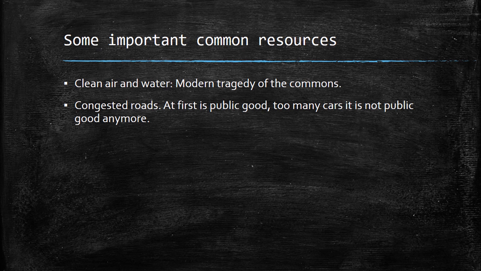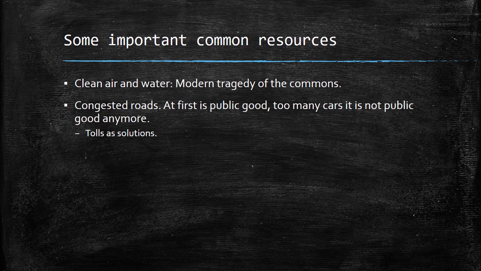But the story is really different when you go there at 9 a.m. This is a completely common resource. The fact that you go there automatically prevents another car from going there. So it's another example of common resources.